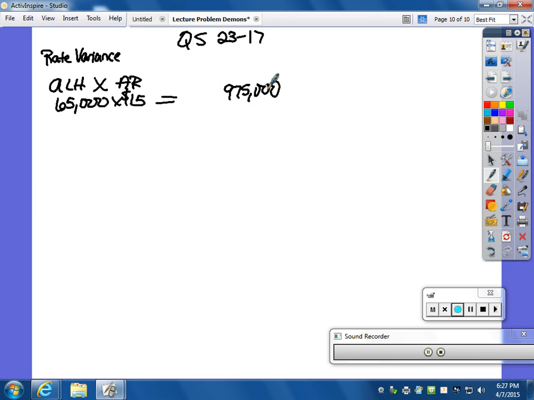And next we're concerned about what? Actual hours times standard rate per hour. 65,000 times what amount per hour? 14, which gives us what? 910,000.